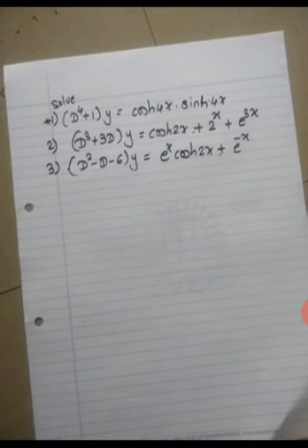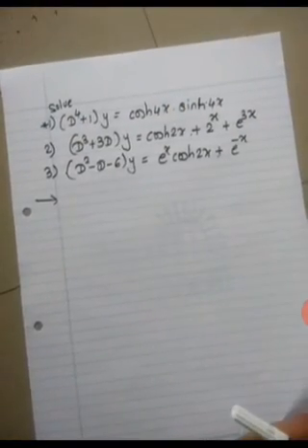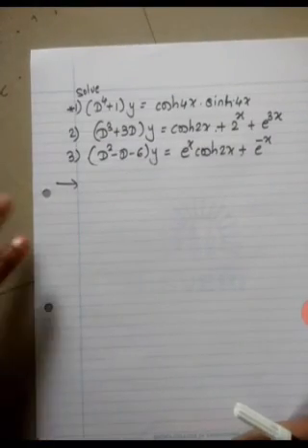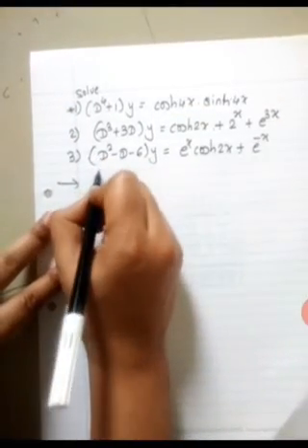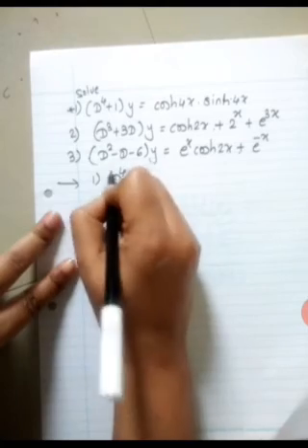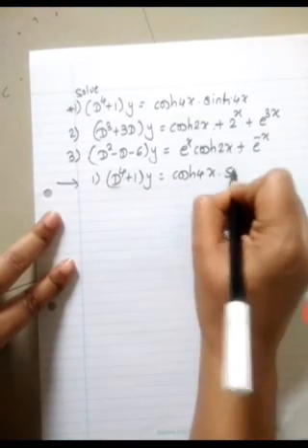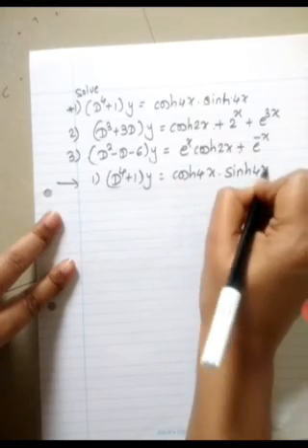Which one are you solving? Solve the first right now. At least YC we should complete today. So d raised to 4 plus 1 y is cos hyperbolic 4x into sin hyperbolic 4x.